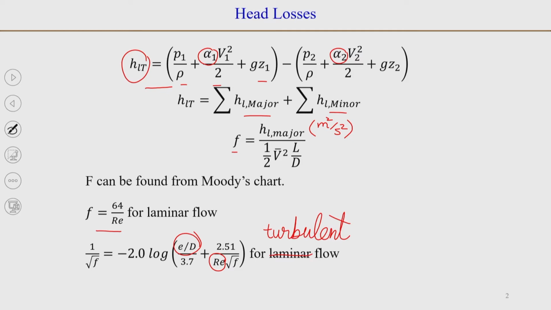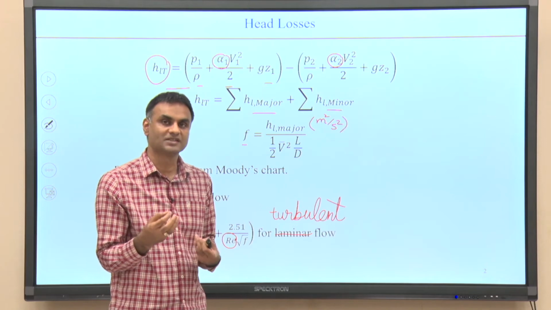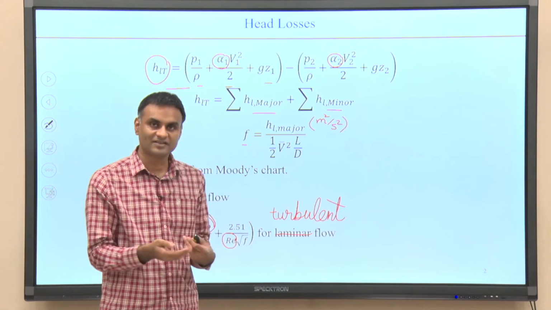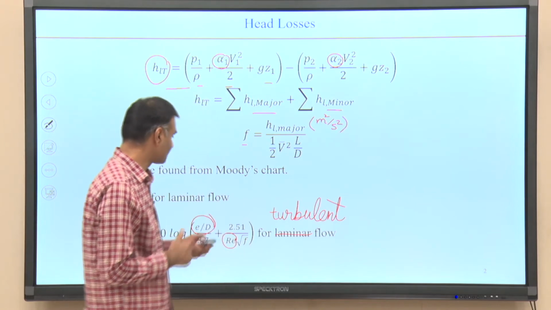You might notice that this equation is implicit, meaning that you have f on both sides of the equation. So, it will need to be solved iteratively. You will need to guess a value of f first and then find the new value of f until it converges.